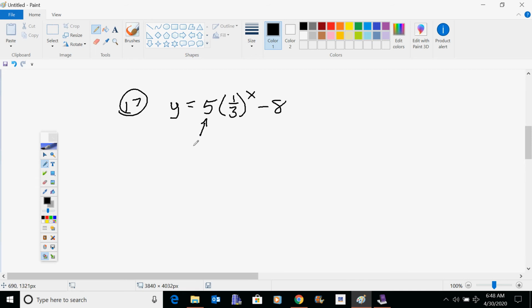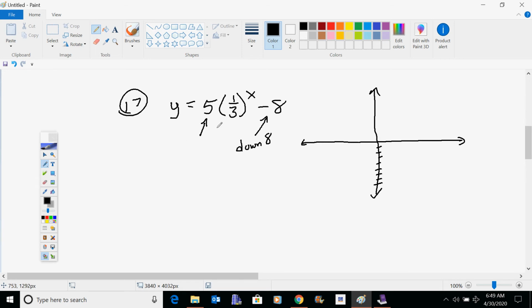There would be your y-intercept, but everything is moved down 8. Okay, so we've got to be careful there. So 1, 2, 3, 4, 5, 6, 7, 8. It would have been at 5, but this minus 8 moves it down 8.